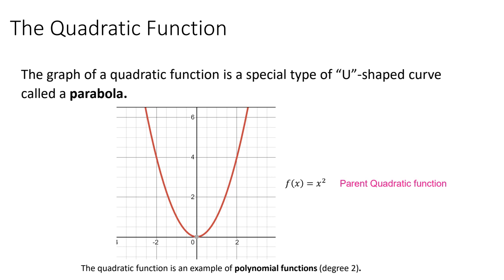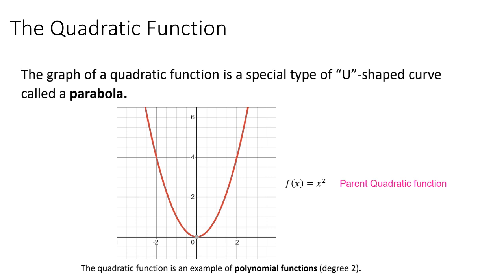Now the graph that I have here, I like to call the parent function or the parent quadratic function. This is the graph that will allow me to recognize all of the children. That's why I like the name parent, because if I know that my graph came from a quadratic, I know it's this parabola or U-shaped graph.